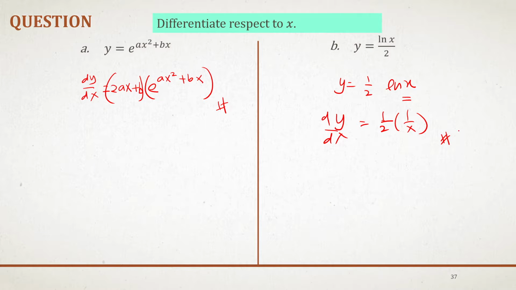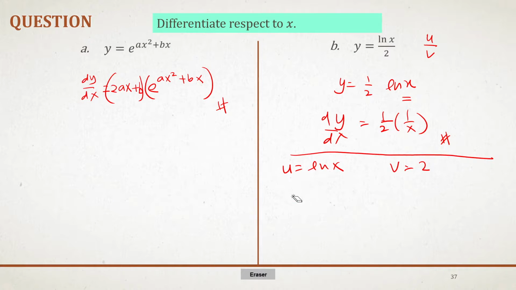But from my experience, some of you were still treating this one as u over v. There is no problem. You keep on with your work. That is, your u will become ln x, your v equals 2. So when you differentiate, u prime is 1 over x, and differentiate 2 actually is 0.